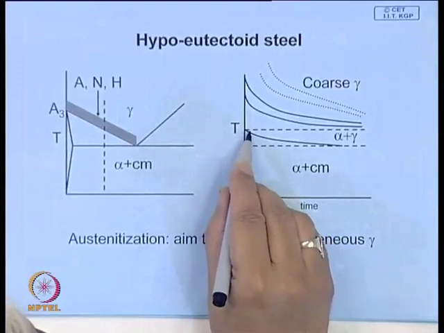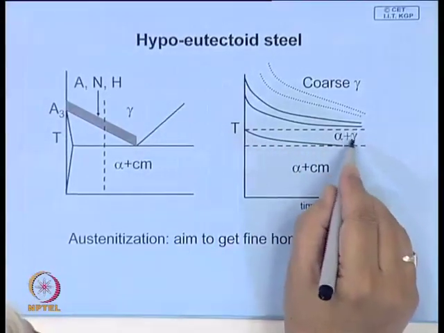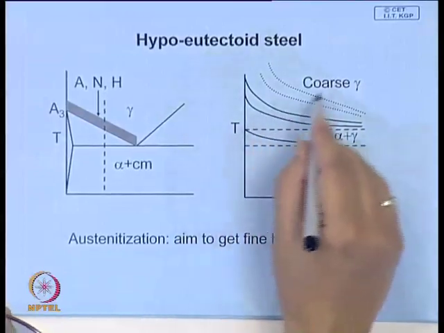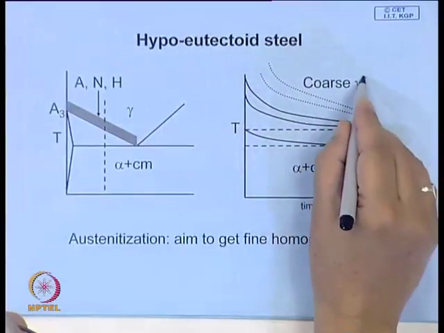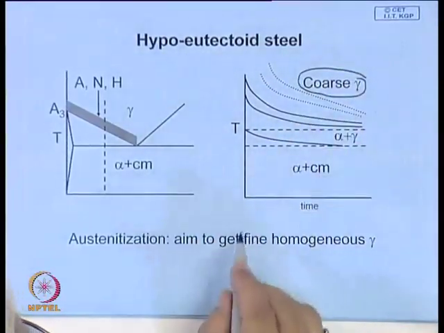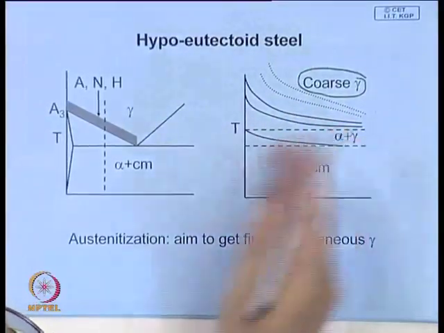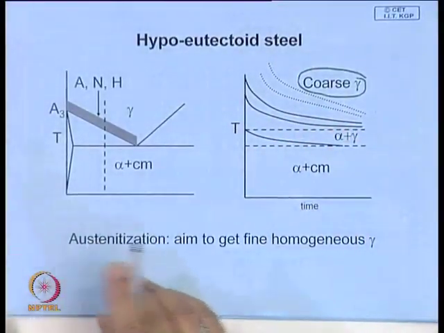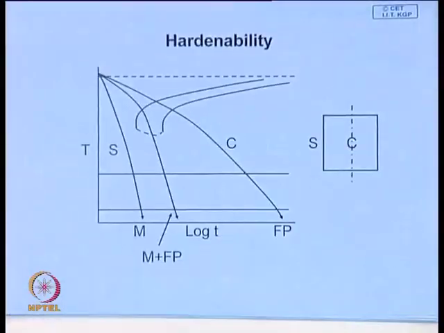This will be the beginning of formation of austenitic grain, and similarly this is where austenite starts to become very coarse. So a similar diagram one can think of in case of hypoeutectoid steel as well.